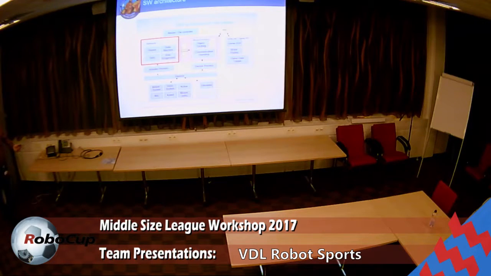We run a 40 Hertz loop here, and every cycle we process our sensors, we update our world model, and we update our tactics. If you look at this behavior, this is what it's about.